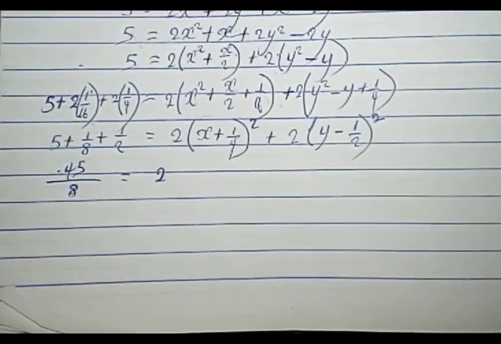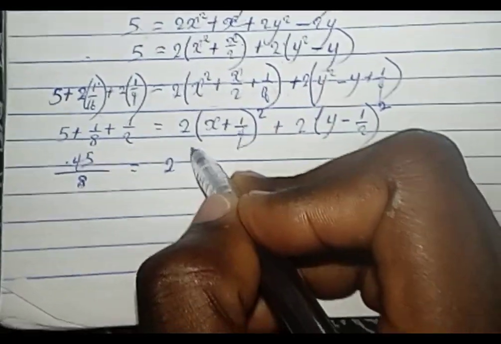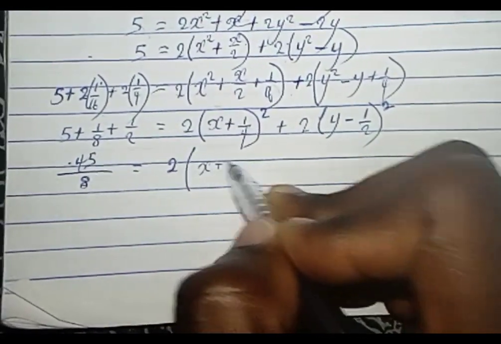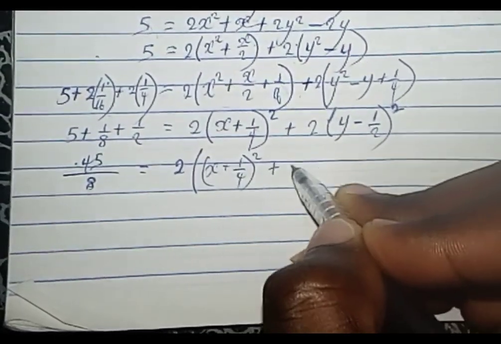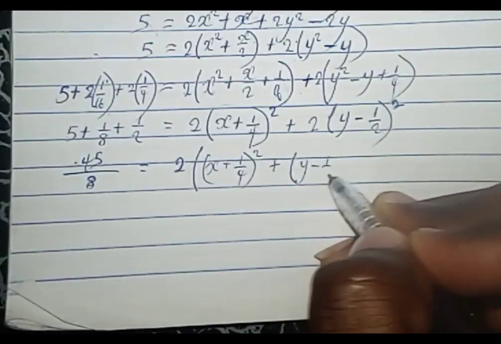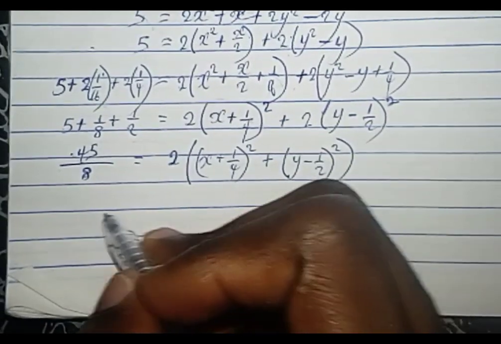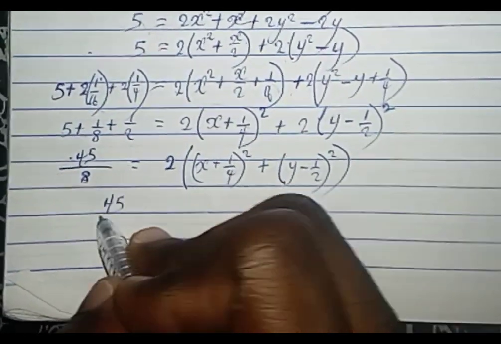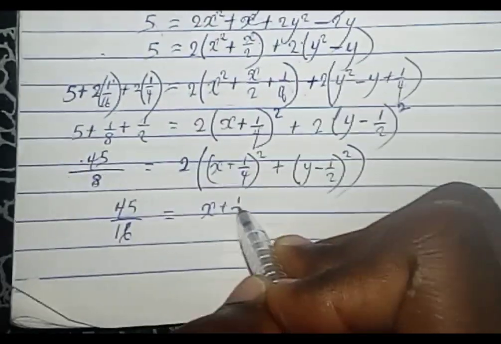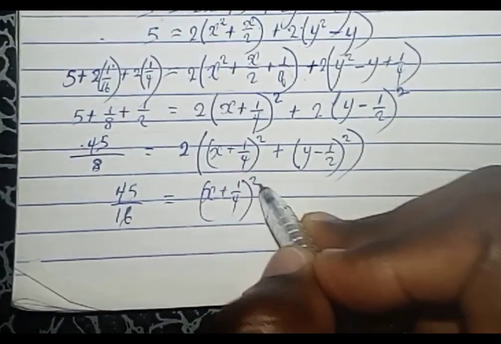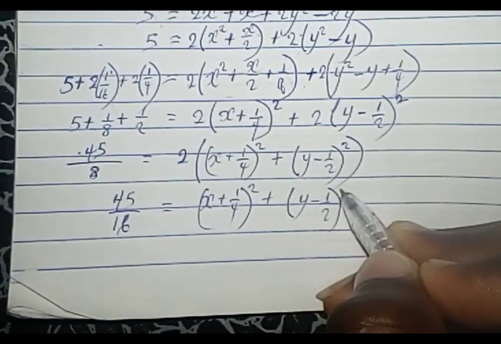Now, I can actually divide by 2, and when I do so, factoring out 2, I would have x plus 1 over 4 all squared plus y minus 1 over 2 all squared. And then dividing 2 by 2, I have 45 over 16 equals x plus 1 over 4 all squared plus y minus 1 over 2 all squared.